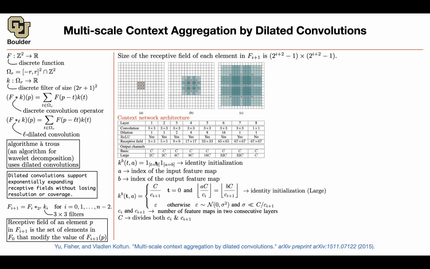And there is a question for those A and B indices. We are assuming a flattened feature map? Not really. You have two components to your kernel. One is taking care of your pixels, T, and T is a pair of integers from negative R to R. So that's going to be your index.